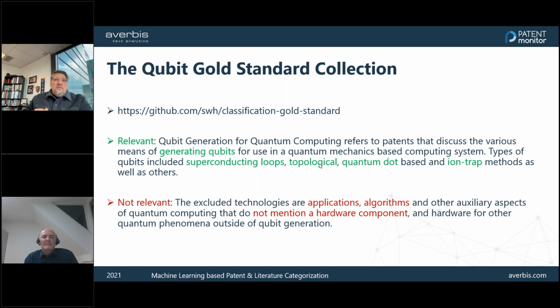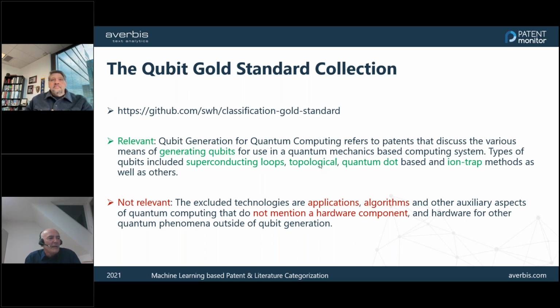The qubit set was set up with some apple-to-fish and apple-to-orange ones for the negatives, and didn't go anywhere near trying to distinguish ion trap versus topological, for instance, which would have been your Fuji versus your Macintosh. So yes, very good.